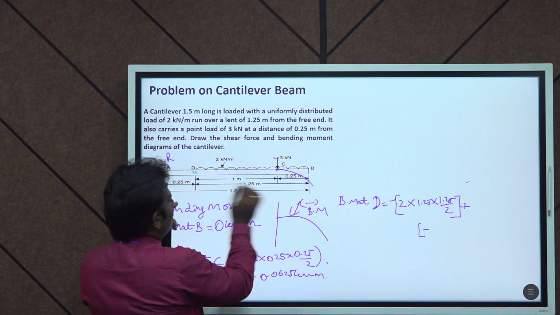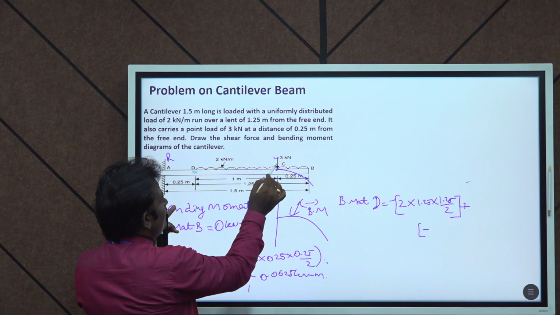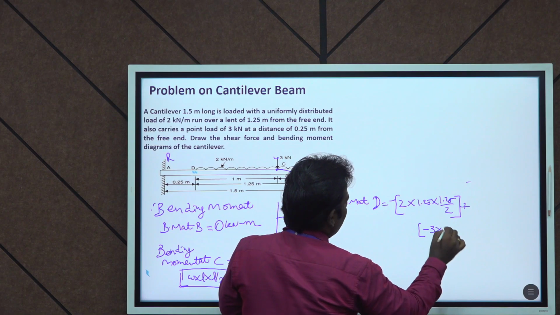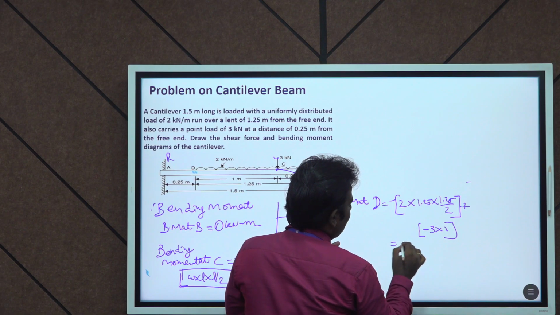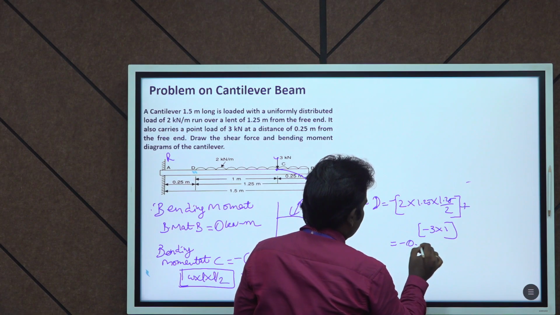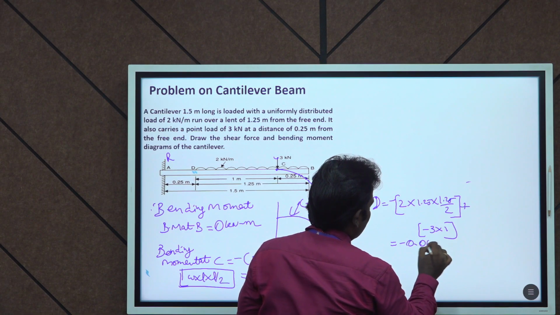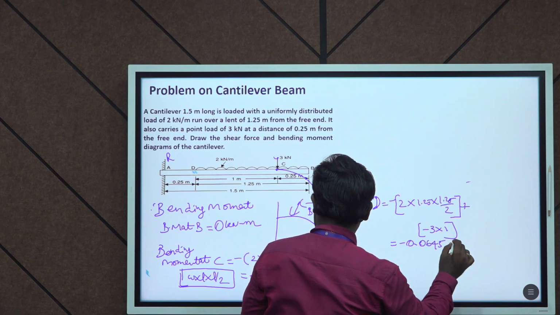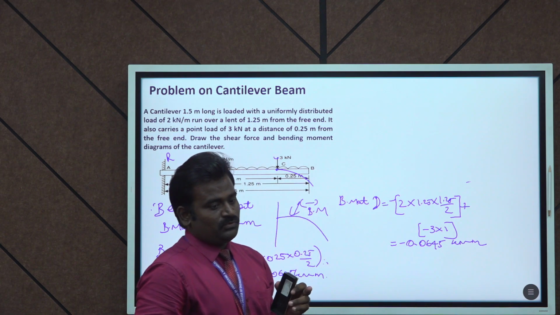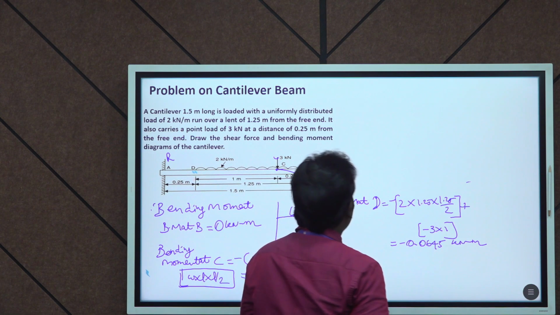The distance of the point load from point D is 3, so 3 into 1. The answer here is minus 0.0645 kilonewton meter.